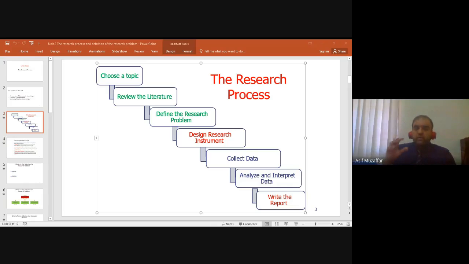Contextual means, okay, this study has been done in Europe, in Western countries. Now I will use the same study, same research model for Oman. This is also new, but in terms of context, context has changed. Context means first it was done in Western countries.